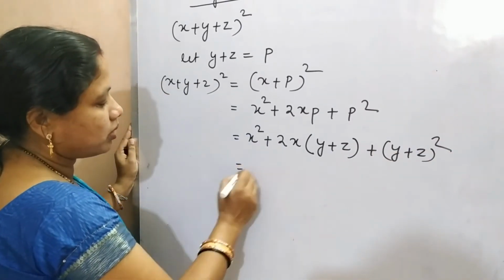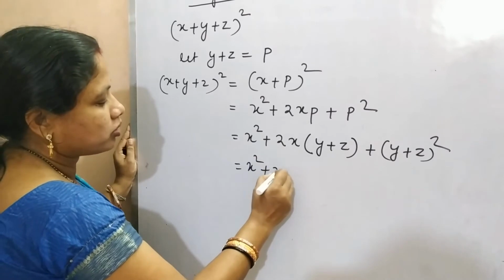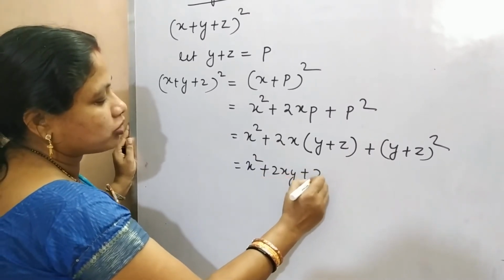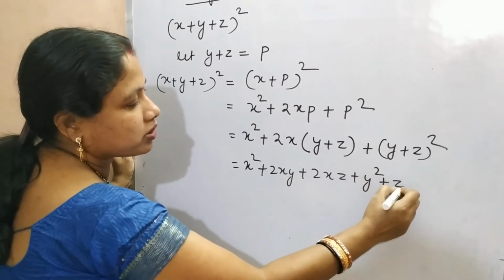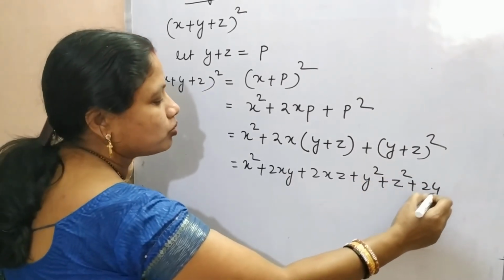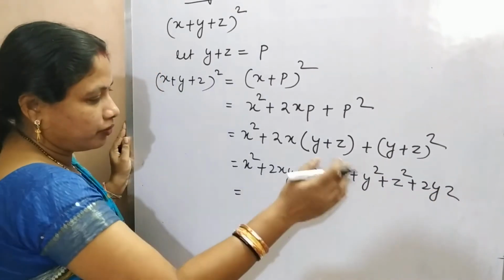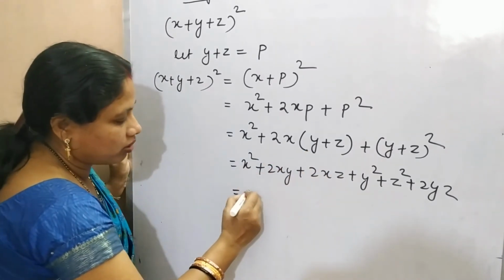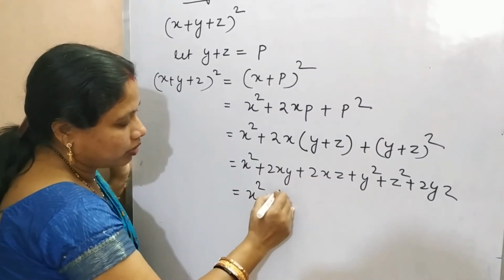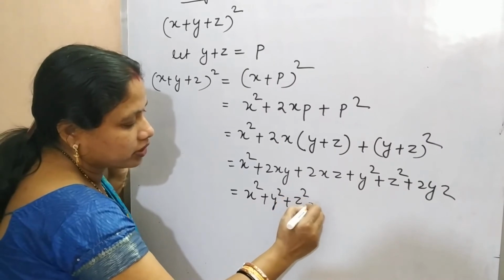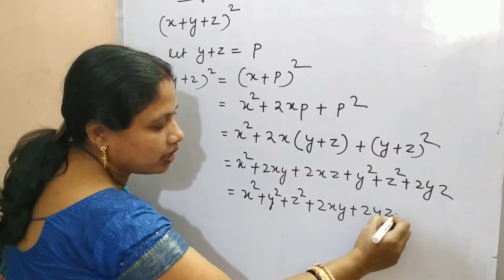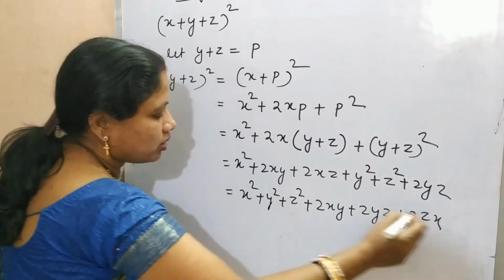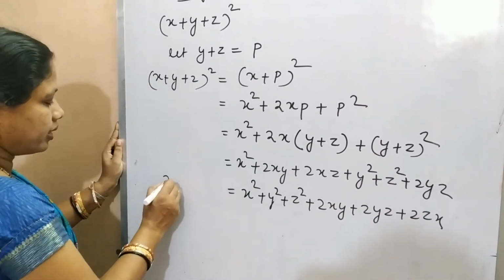So this is equal to x square plus 2xy plus 2xz plus y square plus z square plus 2yz. So if we arrange this in order, x square plus y square plus z square plus 2xy plus 2yz plus 2zx. So this is our fifth identity.